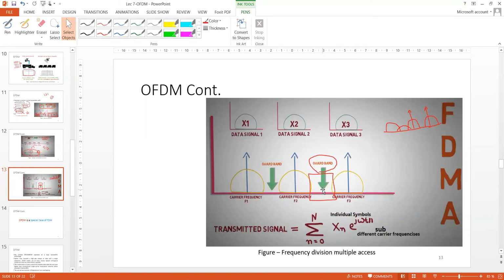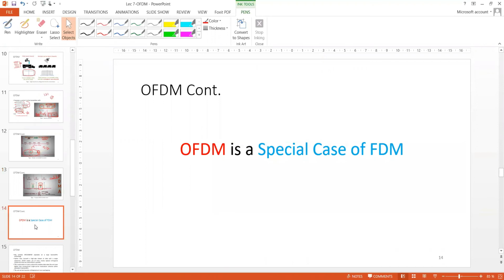This guard band is unwanted. It is wasted frequency. You are wasting your available spectrum in order to overcome the problem of inter-channel interference.